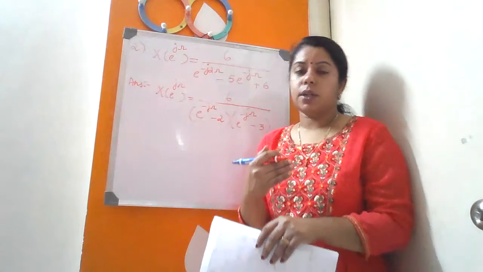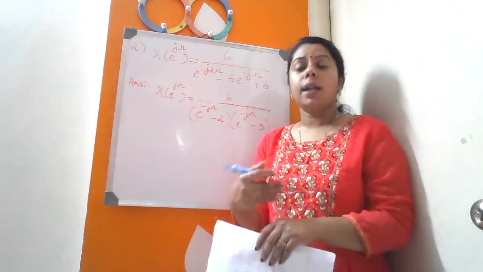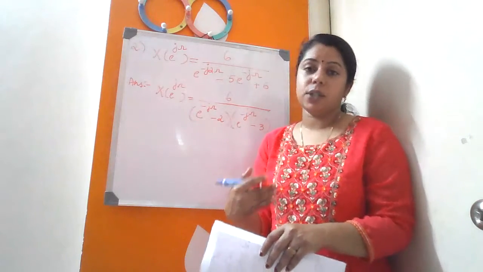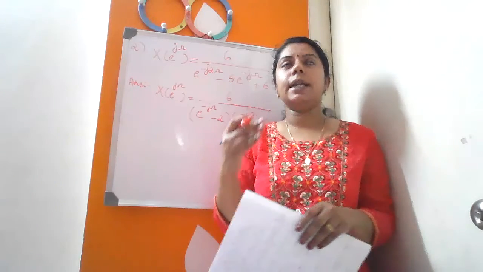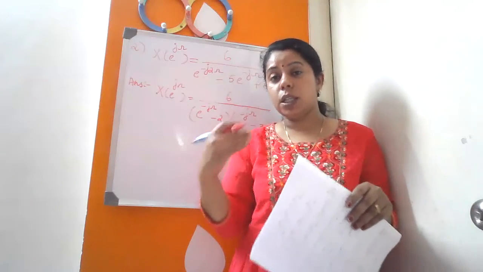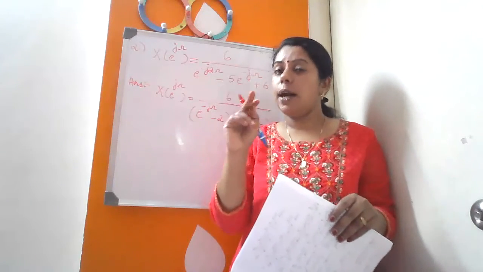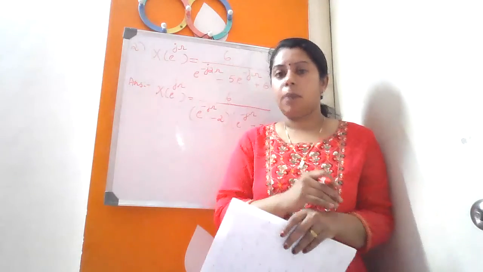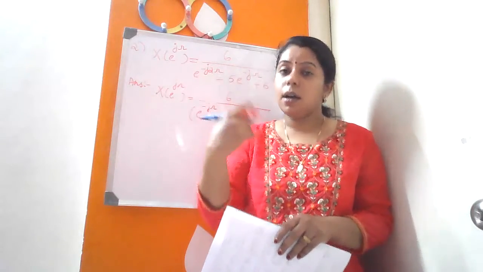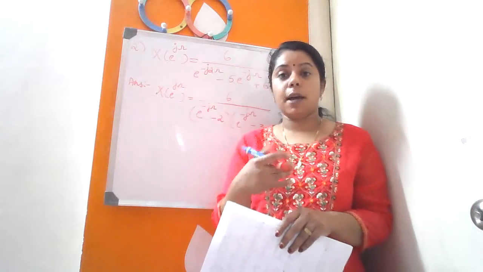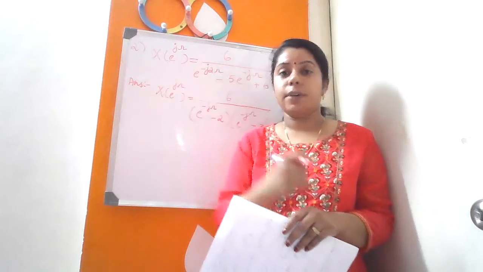After factorization, by using partial fraction we need to get two equations. You know that if you get an equation in the form 1 by 1 minus alpha e power minus j omega, easily we can write the inverse Fourier transform as alpha power n u of n form.